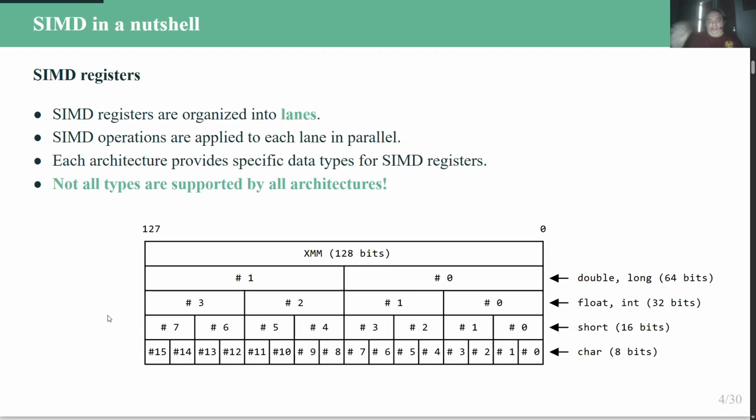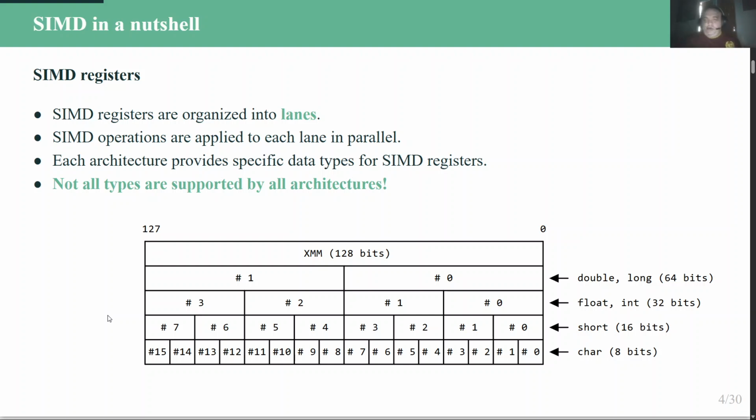But what are those registers actually? As we said, SIMD registers are organized into what we call lanes. A lane is basically a single value inside the whole register. But whenever we apply an operation on a SIMD register, the same operation is applied in parallel to each lane, each value inside the register.